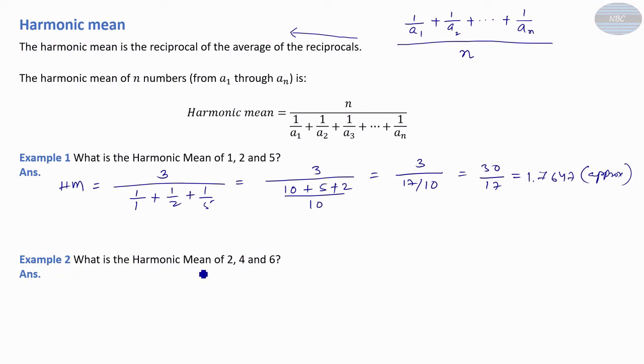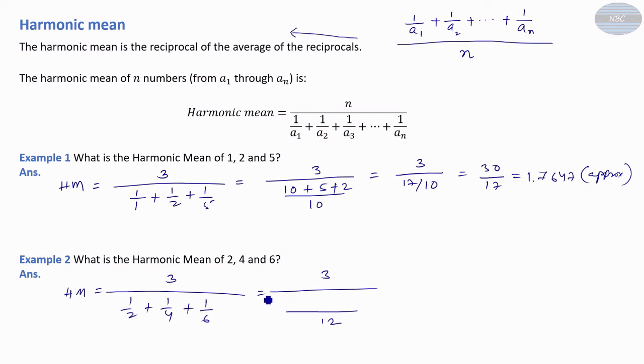What is the harmonic mean of 2, 4 and 6? Here also we have three numbers. So harmonic mean is equal to 3 divided by, the reciprocal of 2 is 1 by 2, plus the reciprocal of 4 is 1 by 4, plus the last one is 1 by 6. Okay, so the LCM in the denominator is 12.